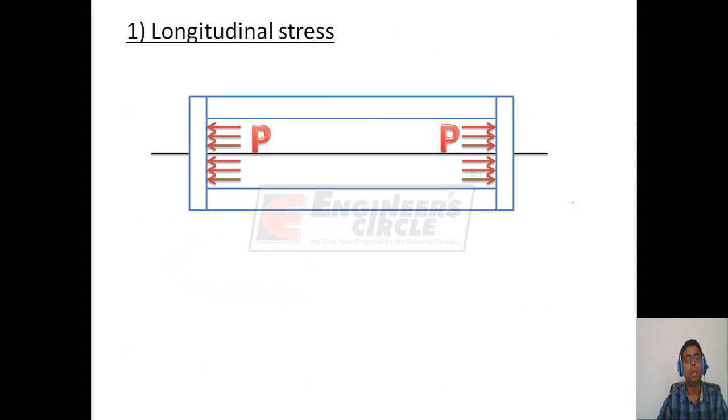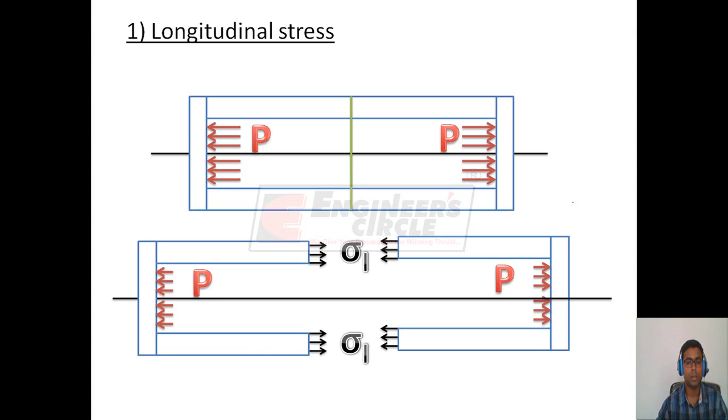Consider this thin cylindrical pressure vessel which is subjected to pressure P. Because of this pressure P, longitudinal stresses will be developed in the pressure vessel. To find these longitudinal stresses, make a cut in the pressure vessel like this that divides the thin pressure vessel into two parts.